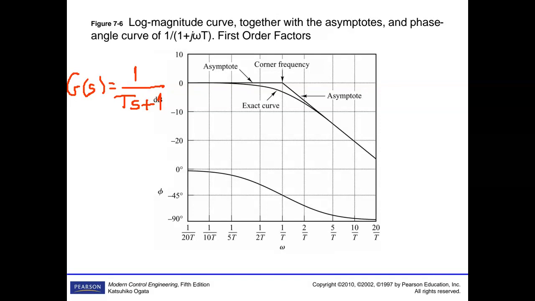Amplitude. If you look at the angle, if omega equals 0, angle is 0, then it deviates from 0, and that point is called the corner frequency, where omega is equal to 1 over T. Sometimes I call it resonant frequency as well. Of course there's no resonance here.